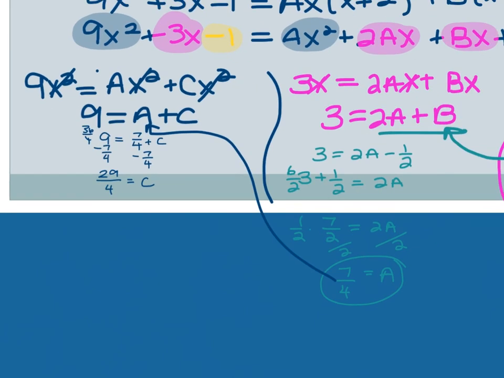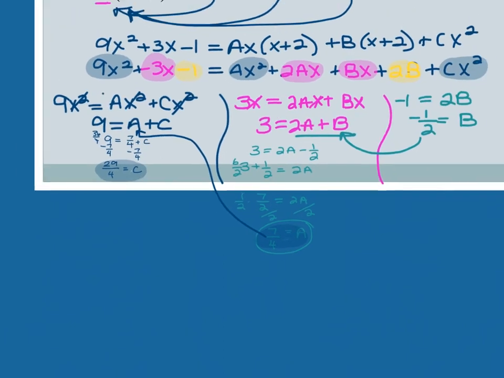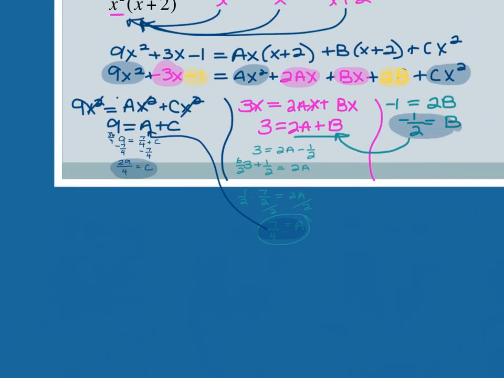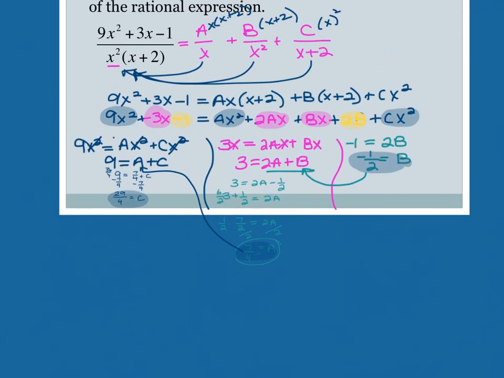So now I've got c, a, and b. And I'm going to take them and plug them in. The a, which is 7/4, went over the x, so 7/4 over x. Plus the b, which is negative 1/2, went over the x squared. Plus the c, which is 29/4, went over the x plus 2.